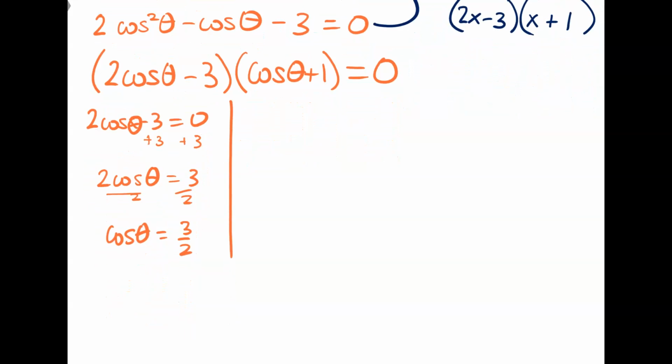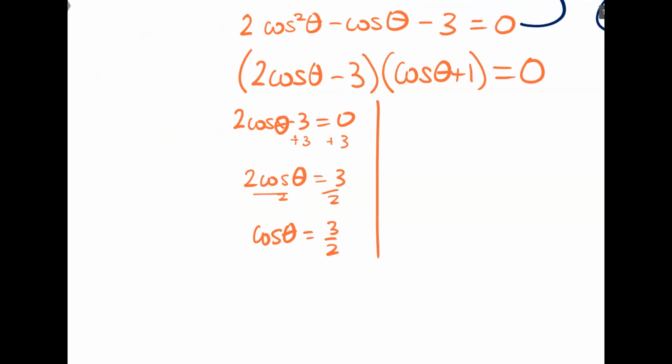Okay. So now I'm looking for the angle where cosine is 3/2. Where on the unit circle is my x value? Remember on the unit circle we have x comma y, the coordinates of our whole unit circle. So don't say anything out loud, not yet. Just think in your head. So where is cosine 3/2?